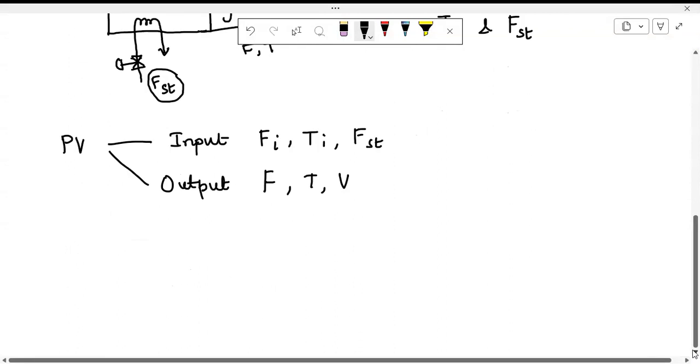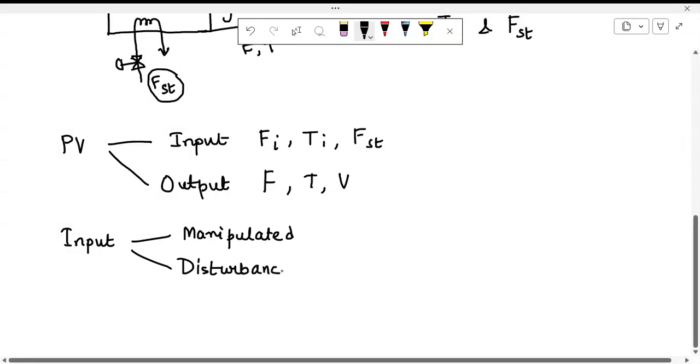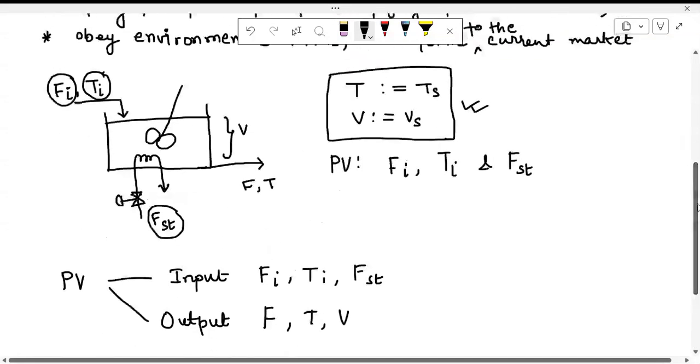Now again, these input variables can be further classified as manipulated variables and disturbances. So what are these manipulated variables? Let us go back to this process again.